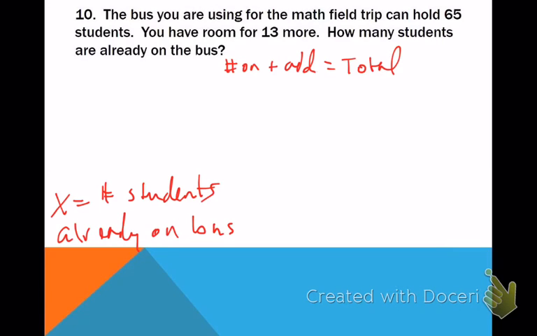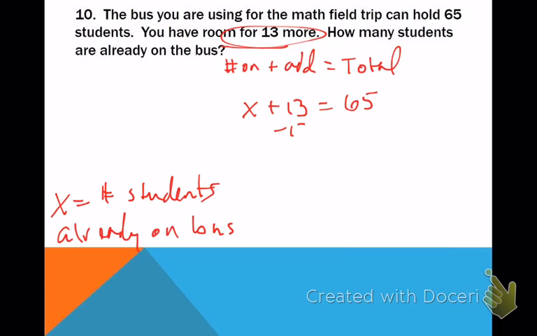In other words, X is the number of students already on, and we know that we can add 13 more. We know we're adding because it says it will hold 13 more. So X plus 13 has to equal the total it will hold, which is 65. There's your equation that you need to be able to set up and solve.